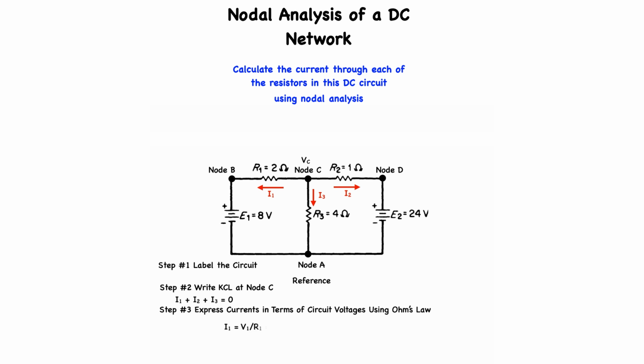I1 is equal to V1 all over R1, which is equal to VC minus 8 all over 2. I2 is equal to V2 divided by R2, which is equal to the quantity VC minus 24 all over 1. And I3 is equal to V3 divided by R3, which is equal to VC divided by 4.